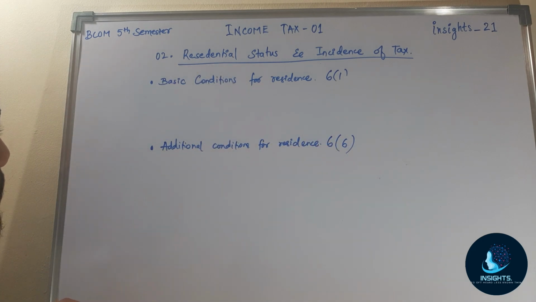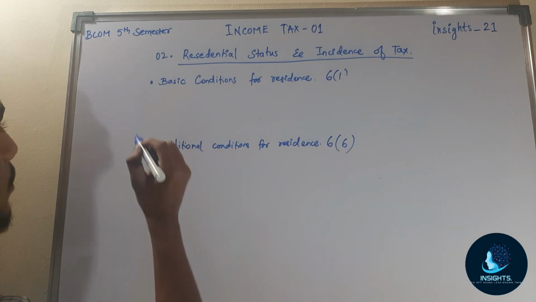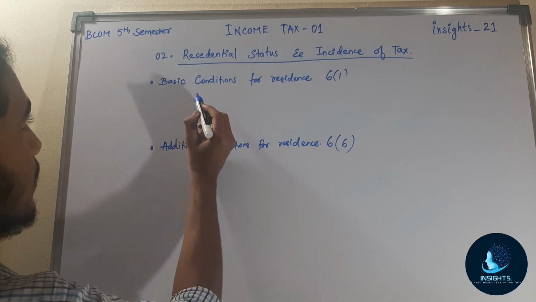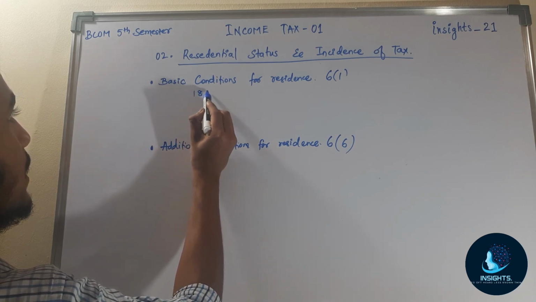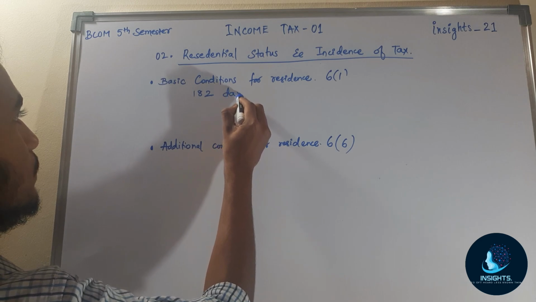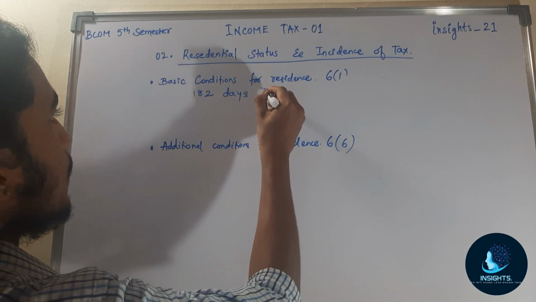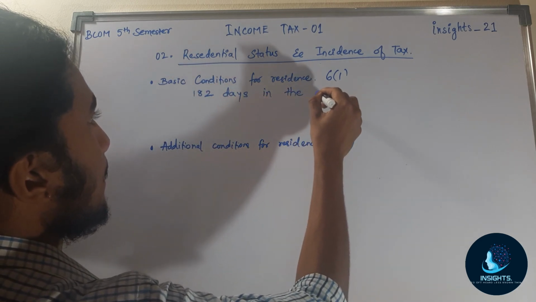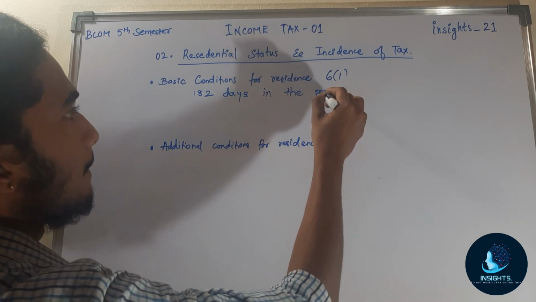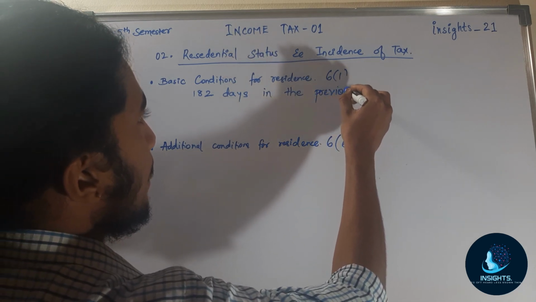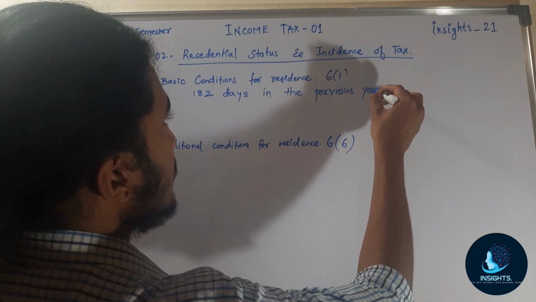So basic conditions are as follows. An individual should have stayed a minimum of 182 days in the previous year.